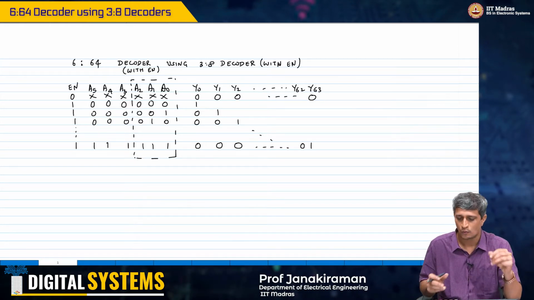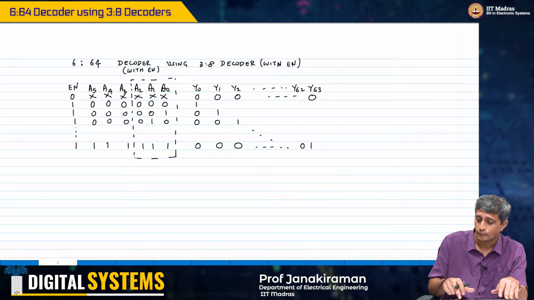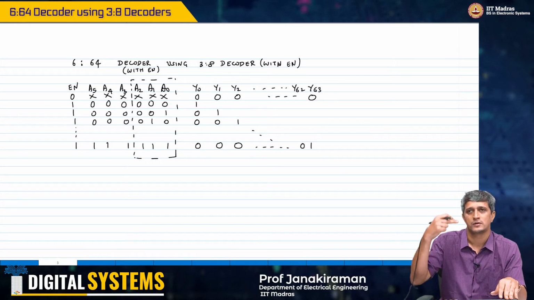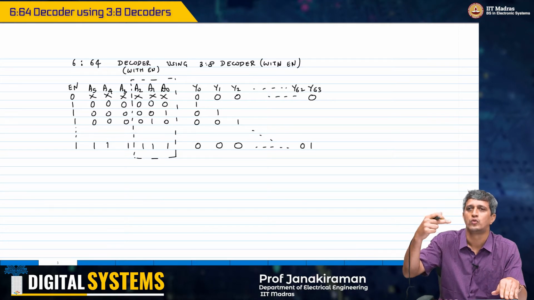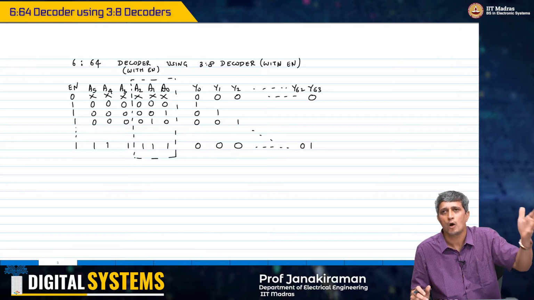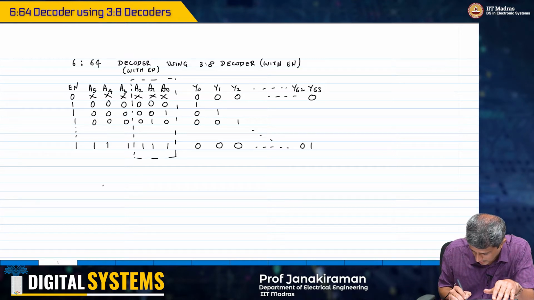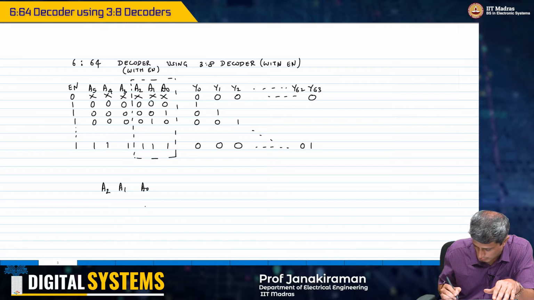What does that mean? It basically means that each time it goes through the 8 combinations, 0 0 0 to 1 1 1, it is simply going to pick out different things. So let us look at just this combination, A2, A1, A0.